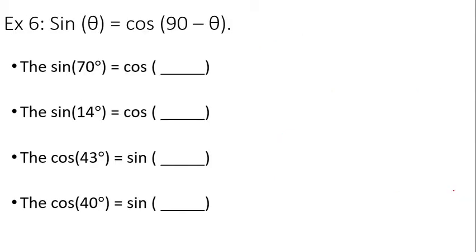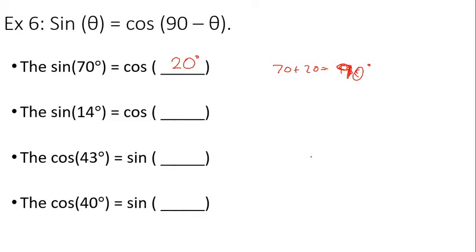And then the last example, here we say sine of an angle is equal to cosine of its complement. So here's 70, and over here we put 20 degrees, because again, 70 plus 20 is equal to 90.